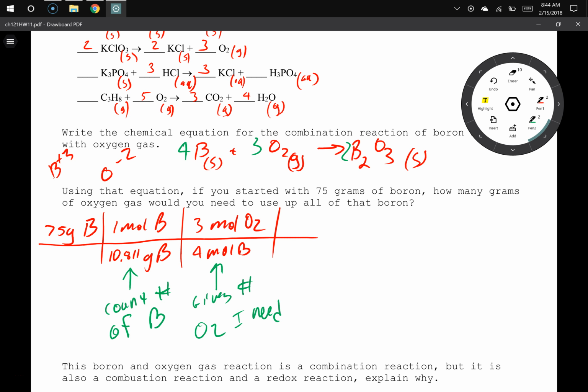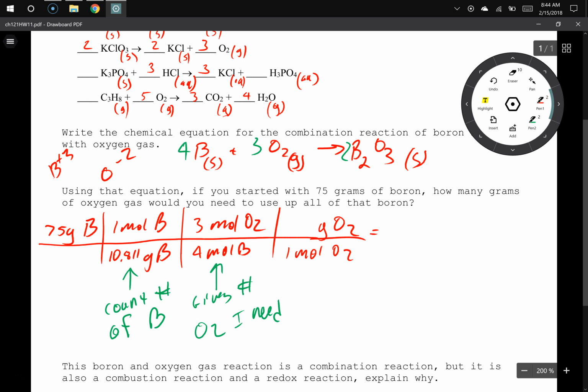But since that number is much too large for us to actually count, what is it, 31.9988. And so then I've got the mass of the oxygen that I'm going to need.